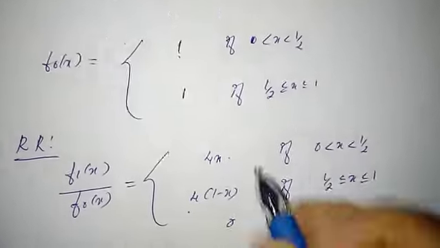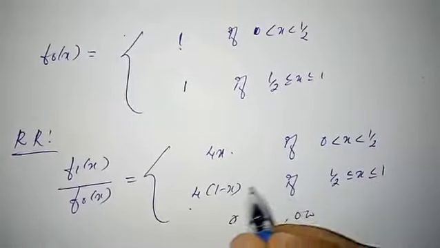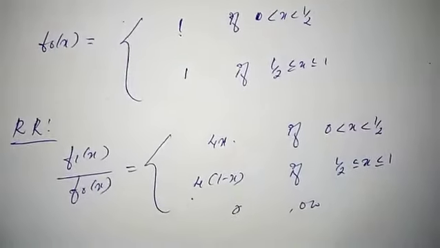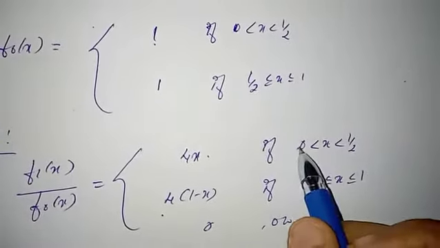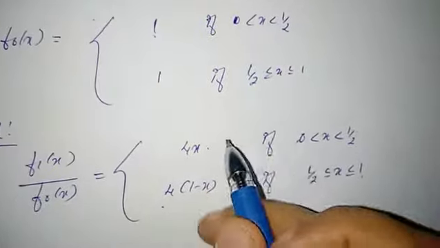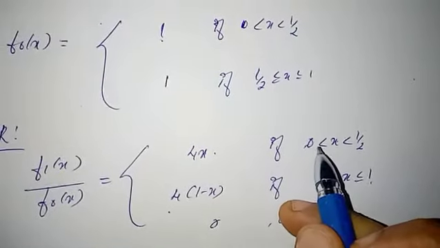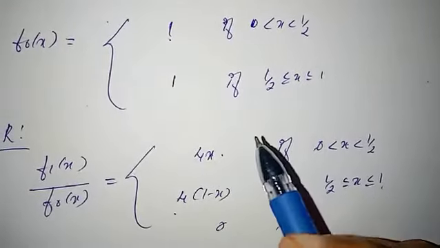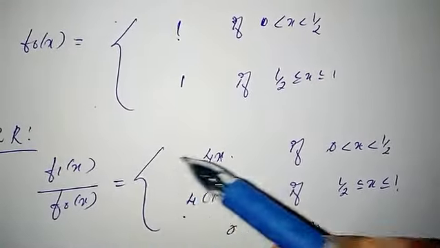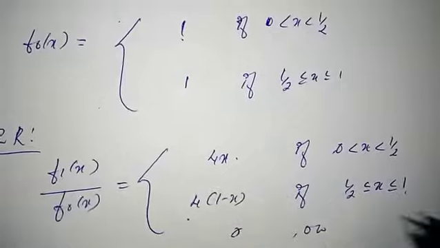Then we need to obtain the rejection region. For that, x takes values from 0 to 1. We will substitute different values from 0 to 1, obtain the ratio, and then calculate the values.